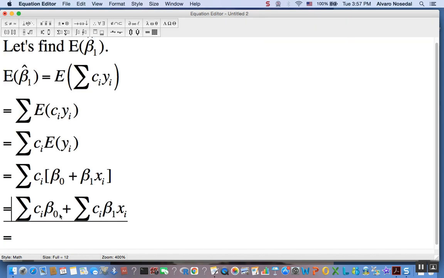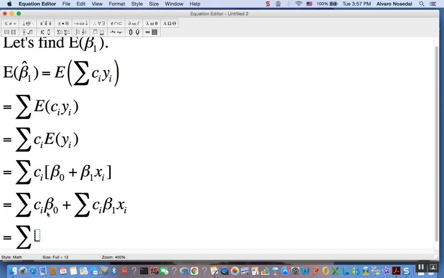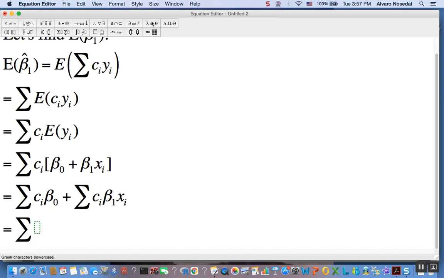This is going to be the same as just beta 0 times the sum of ci, plus beta 1 is also a common factor. Beta 1 times the sum of ci xi.